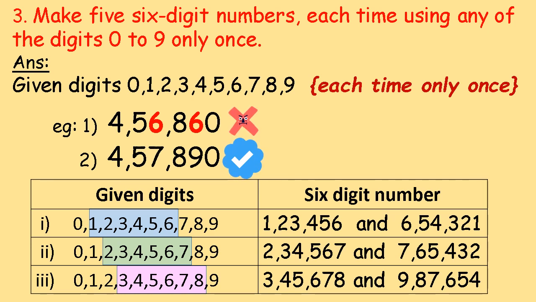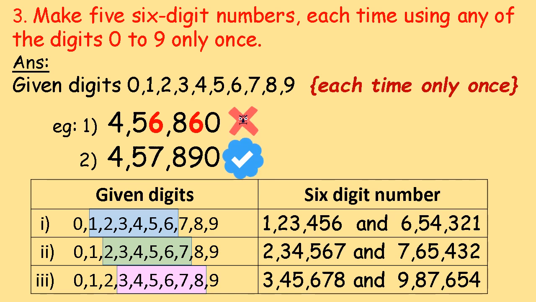But in the first number, I have used digit 6 two times. Therefore, it is not the correct answer, as we have to use given digit each time only once. Second number is the correct answer because any of the given digit is not repeated in that number.